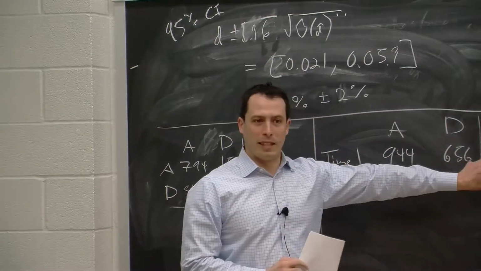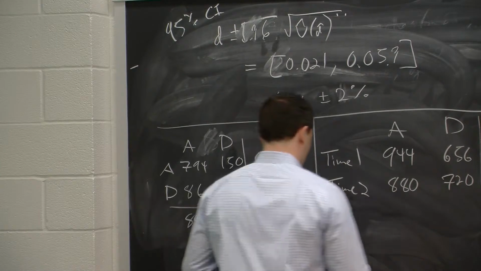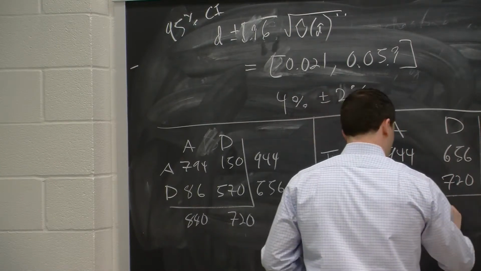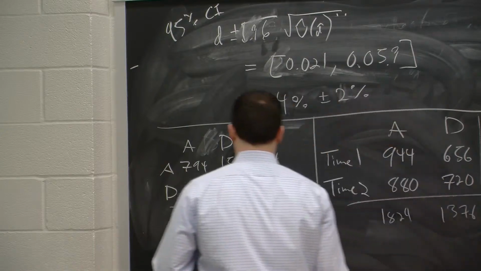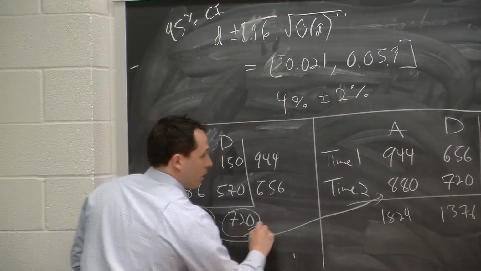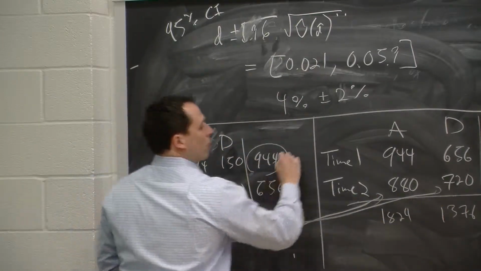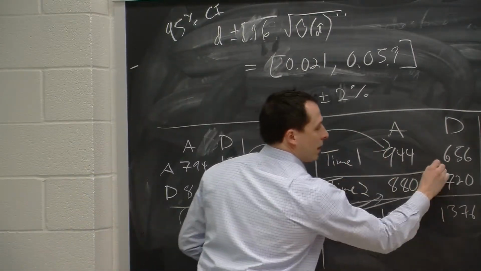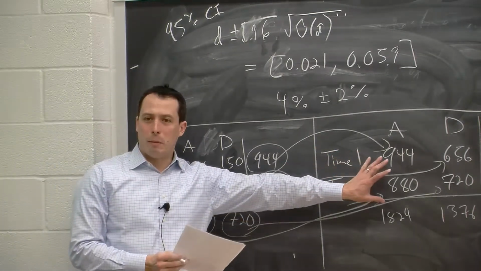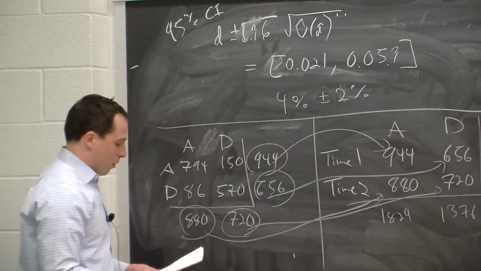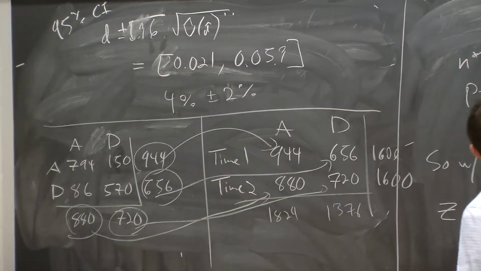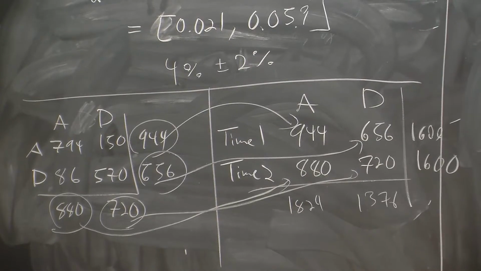And we're thinking of these as being different samples of size 1,600. And these have some totals too, right? So these totals are 1,824 and 1,376. So what happens is that this 880 goes there, the 720 goes there, the 944 goes there, and the 656 goes there. That's the wrong way to think about it, or a different experiment, depending on how you think about it. So what is our gain from using the same people twice? That's the change in power of these two different interpretations.